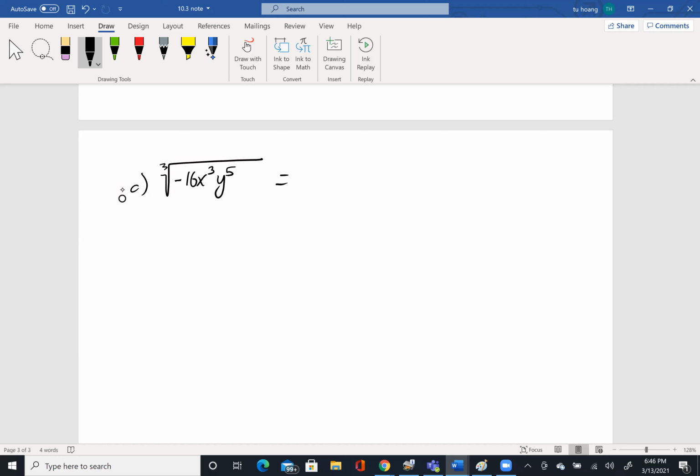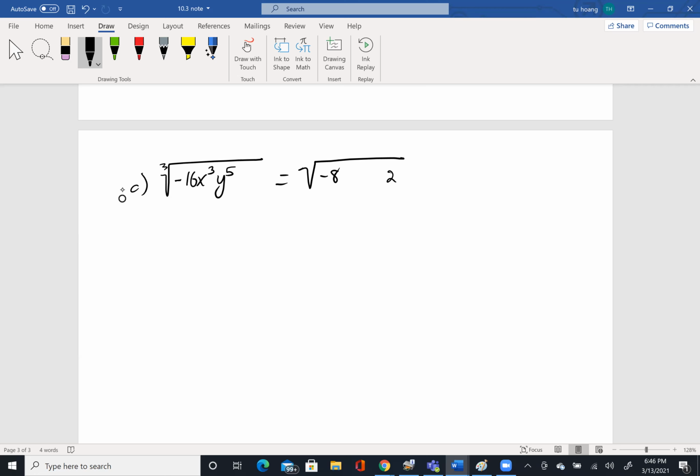I would have negative 8, because negative 8 multiplied by 2 is negative 16, right?